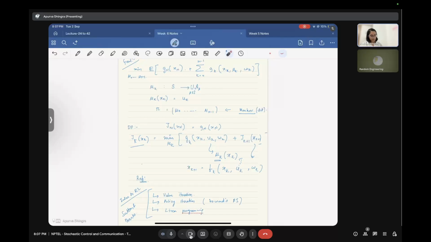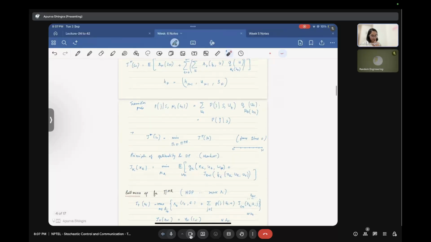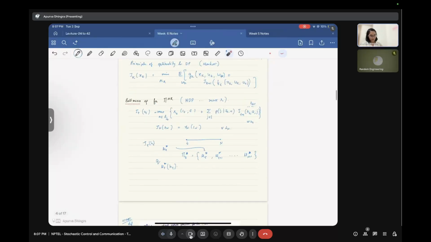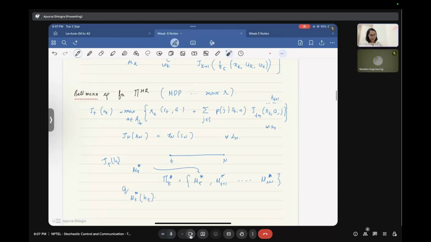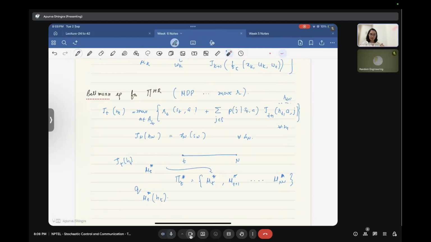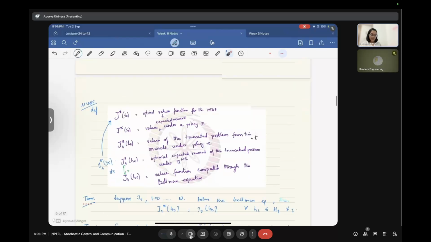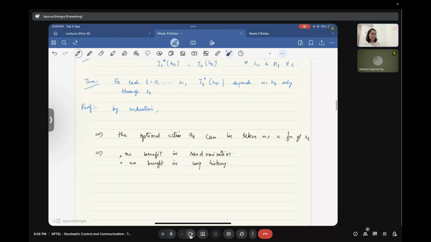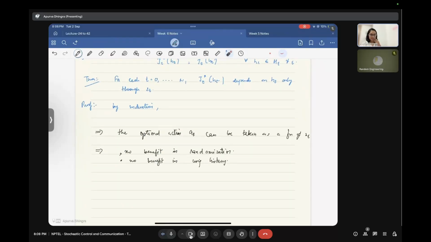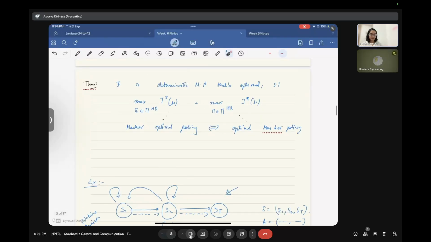Let's take a quick recap. We talked about mainly two things today. The first point that we made was, if we have these history dependent randomized policies and we were to write down the optimality condition, the Bellman equation, and so on, we find that from this set of history dependent randomized policies, the optimal value or the optimal policy that we get will have a one to one correspondence with a deterministic Markov policy.